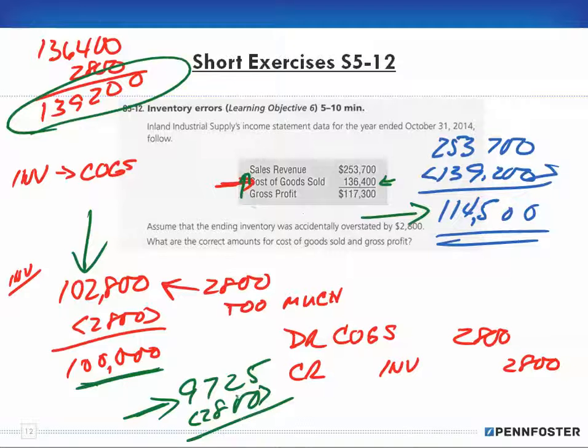What matters is that I know that I'm decreasing my inventory, and when I decrease my inventory, which is what we do here in the journal entry, I increase my cost of goods sold.